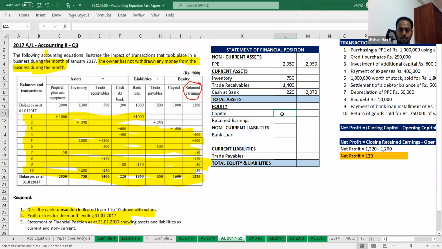Capital and retained earnings, the bank loan, trade payables. So most important thing is the format. Right. So I can complete this.